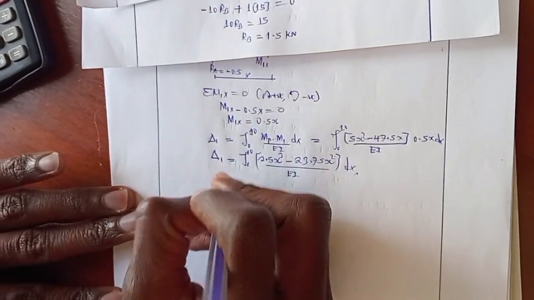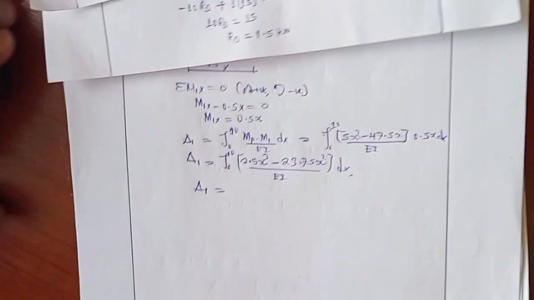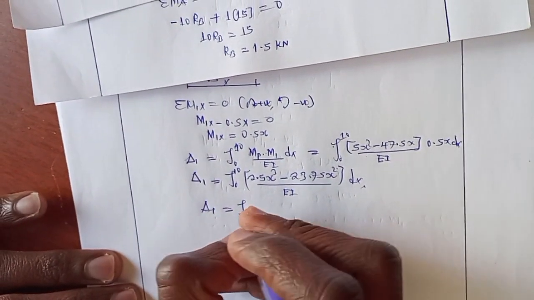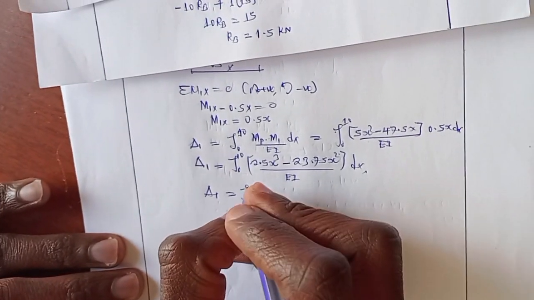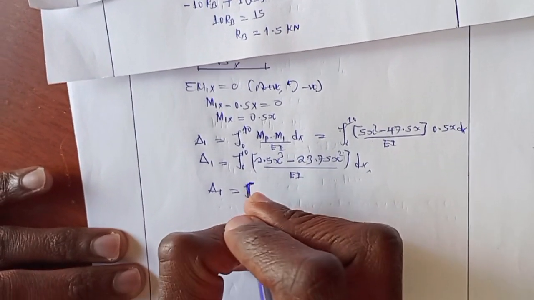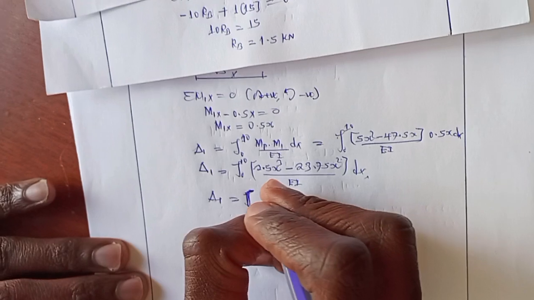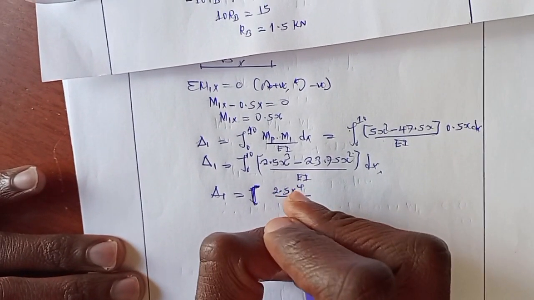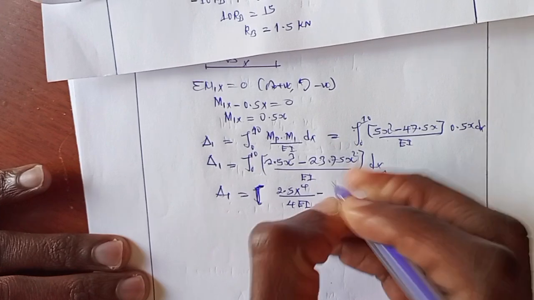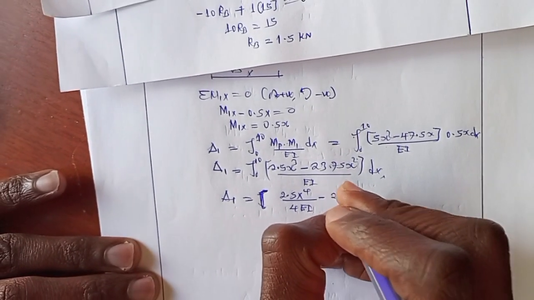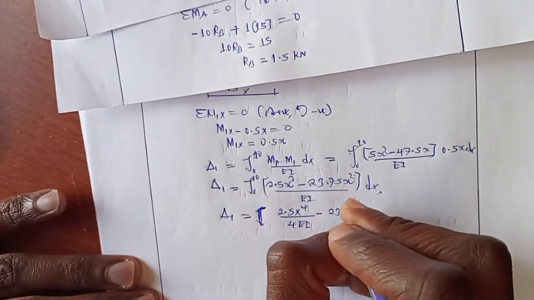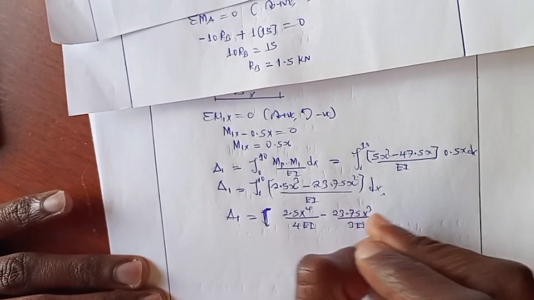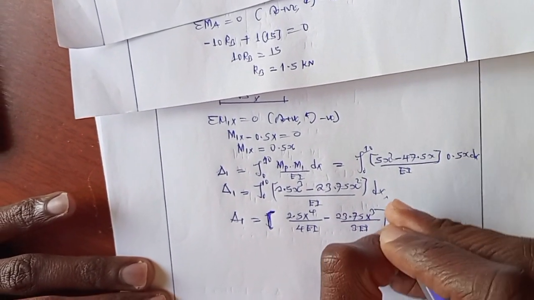Now let's integrate this one. When you integrate this one, it will be 2.5x power 4 over 4EI minus 23.75x power 3 over 3EI, integral from 0 to 10.